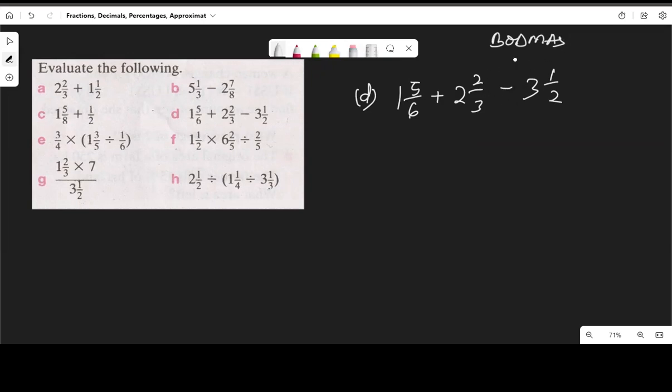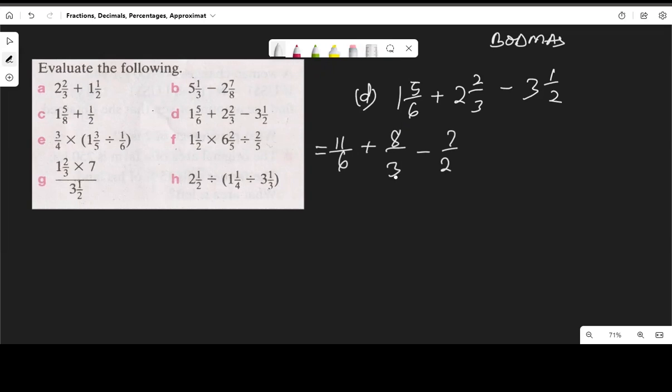That means I'm going to attend to this one last. First we need to perform this addition. Addition comes before subtraction. But before we do that, let's convert each of these to improper fractions. 1 times 6 is 6 plus 5 is 11, so 11 over 6 plus 2 times 3 is 6 plus 2 is 8, 8 over 3 minus 3 times 2 is 6 plus 1, 7 over 2.